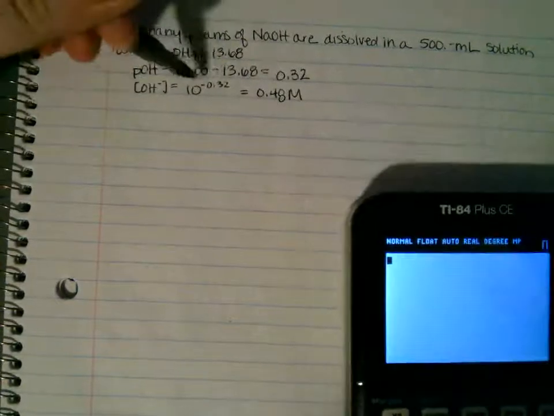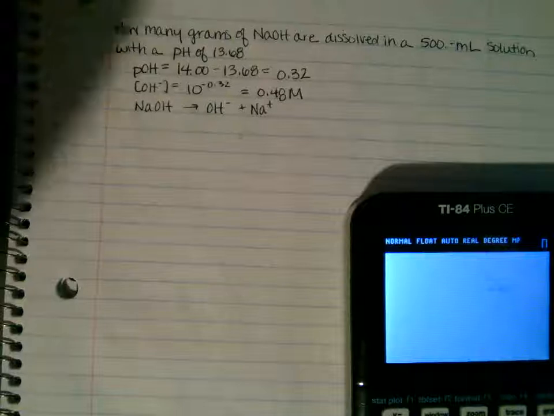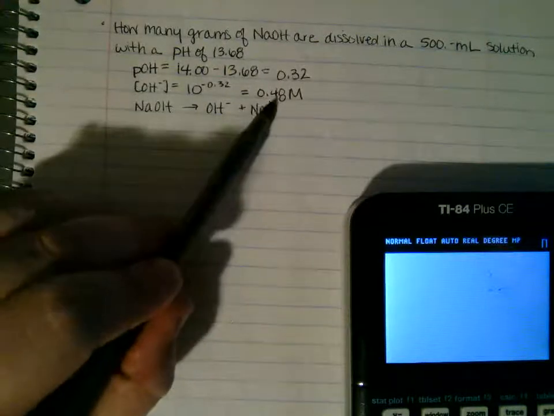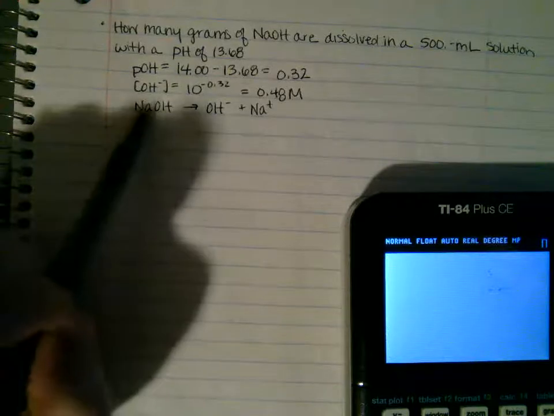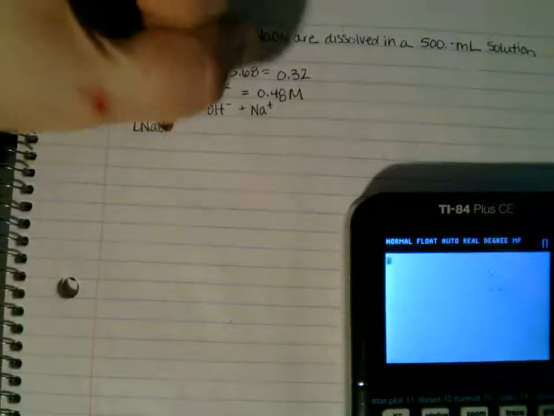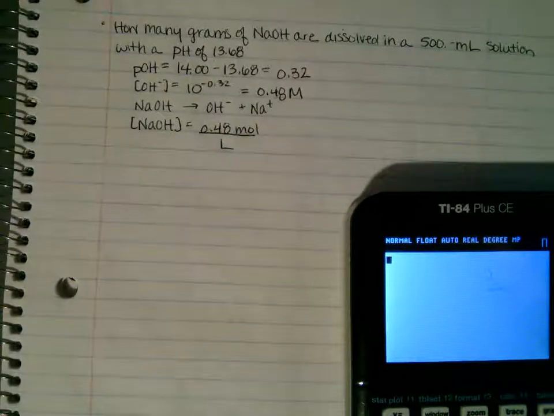Okay, think about that. Think backwards. 1-to-1 mole ratio, right? So if our hydroxide ion concentration is 0.48 molar, guess what? Our sodium hydroxide concentration must also be 0.48 molar or 0.48 moles per liter.